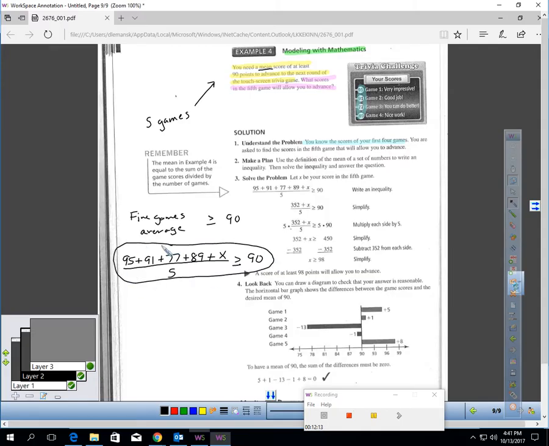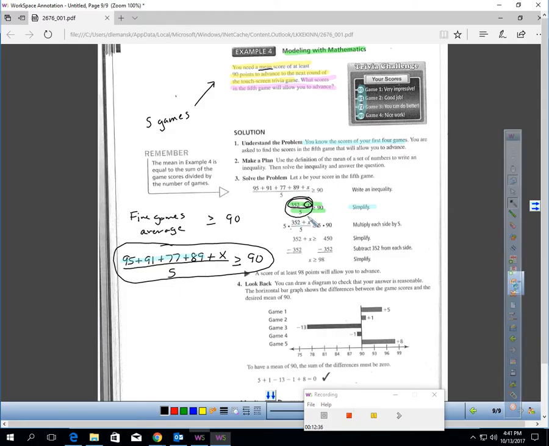So first step, simplify it. I can simplify it by adding all this stuff together, which would give me what you see here, 352 plus x divided by 5 is greater than or equal to 90. So let's think onion. X is the center. I got to do everything on top first, and I would divide after.